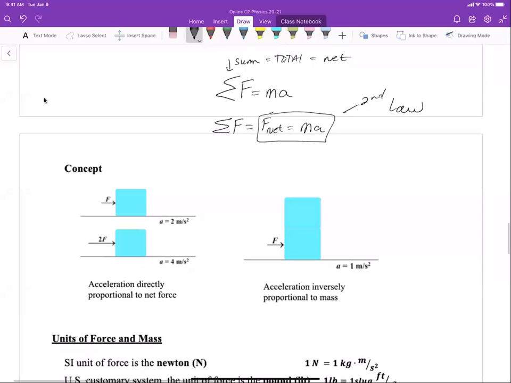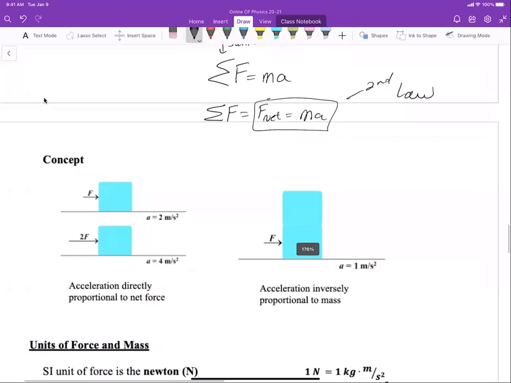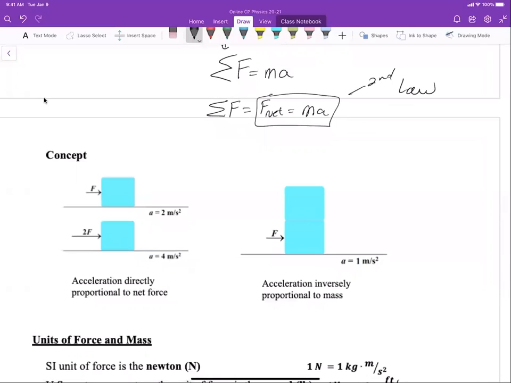Okay, so let's talk about what happens if I have a force. So let's look at this problem right here. I have a force, F. I don't know what it is. Let's call it some number F. And I have a block that has a mass M. And we'll say that if I apply that force to mass M, I will achieve an acceleration of 2 meters per second squared. What happens if I then change the force to 2F?